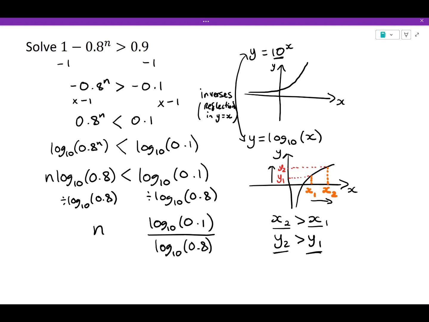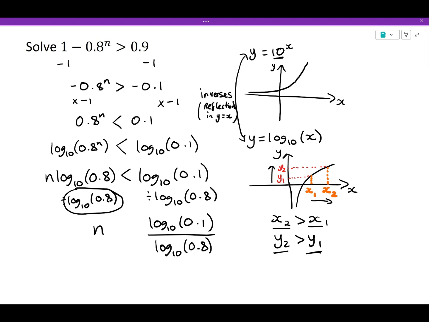Okay, now the question is, which way does our inequality symbol go? Well, we've divided, so the question is this value here that we divided by, is it positive or is it negative? If it's positive, the inequality sign isn't going to change around. If it's negative, of course, the inequality sign is going to flip. So let's put log base 10 of 0.8 in the calculator and see exactly what I get.